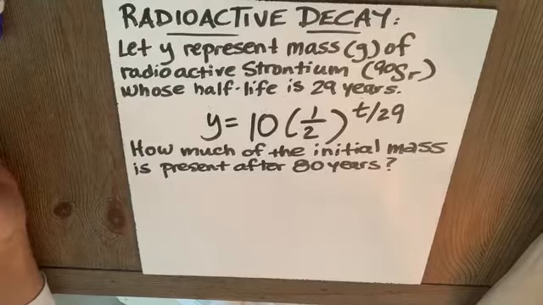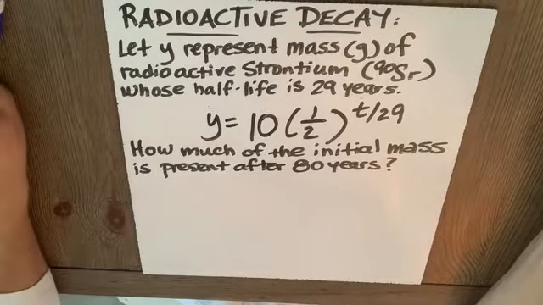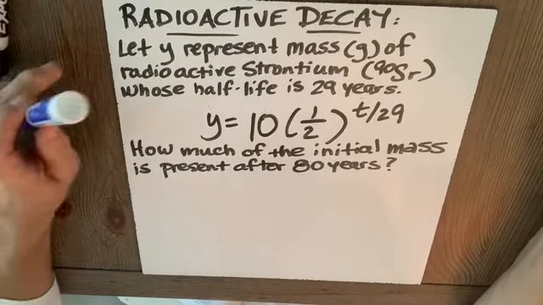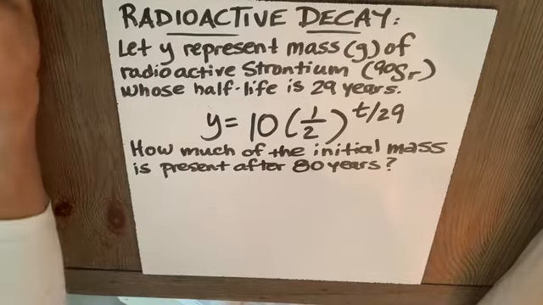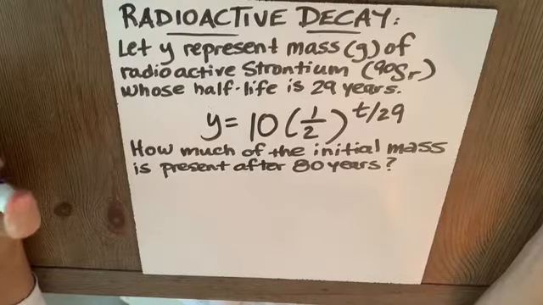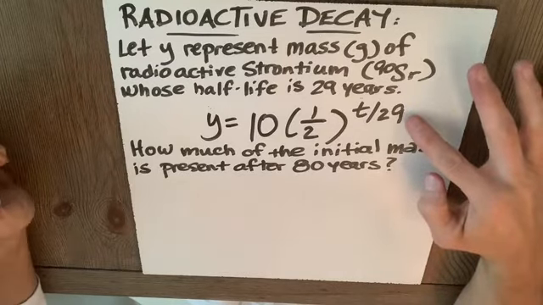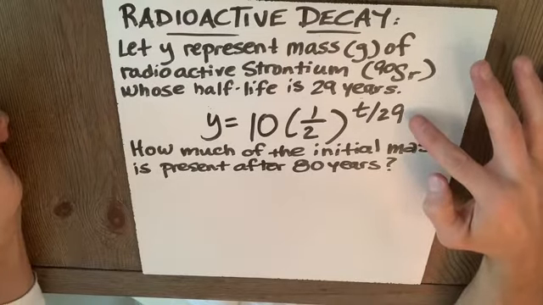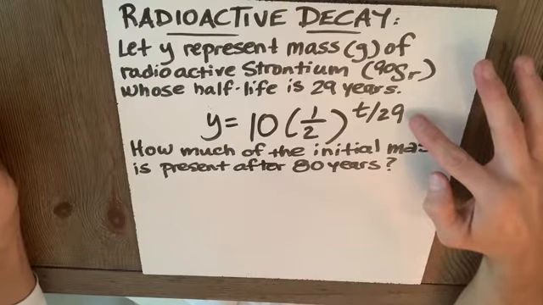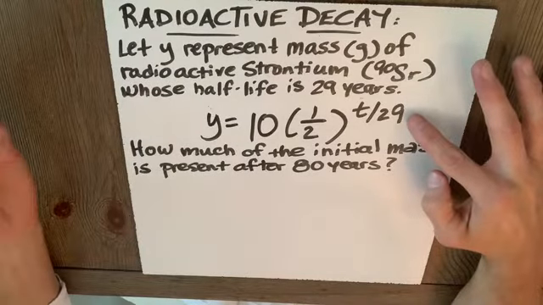A different question, a little bit more difficult, is how much of the initial mass, we said that was 10 grams, is present after 80 years. Now, 29 years is one half-life. After one half-life, we're left with half of 10, or 5.